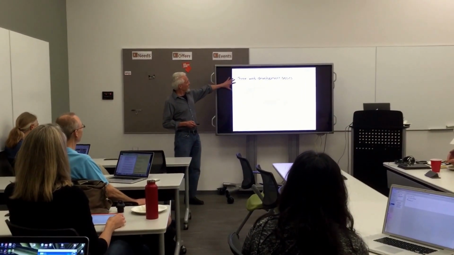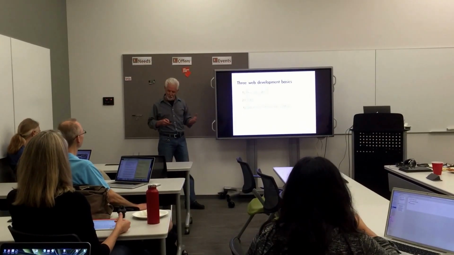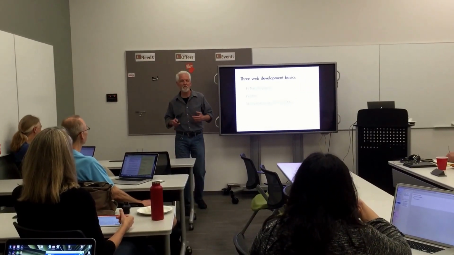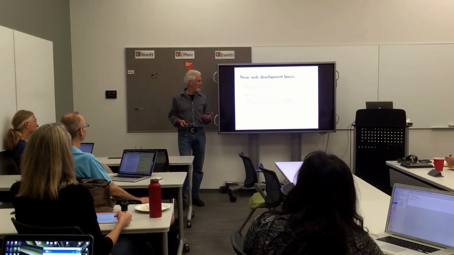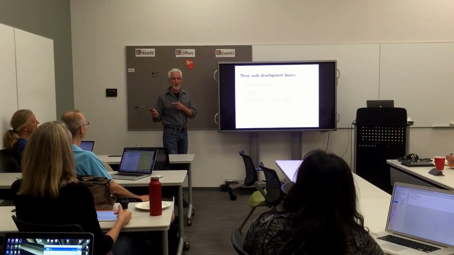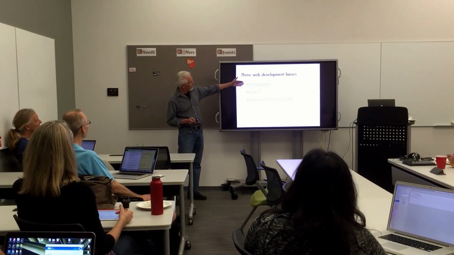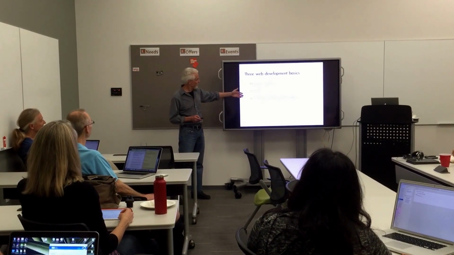Now we're going to talk about some basics so that we can understand, and lots of times we get into this business because we're like hackers, we like working on stuff, but we don't know the fundamental ideas behind it. So we're going to talk about paths, which is a very simple concept, but more complicated than you think.